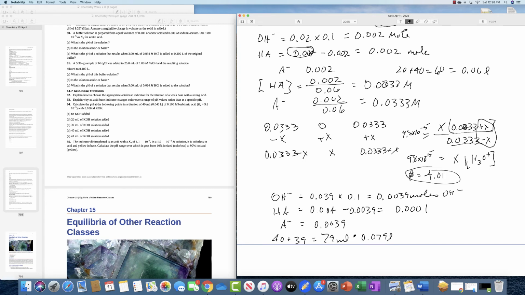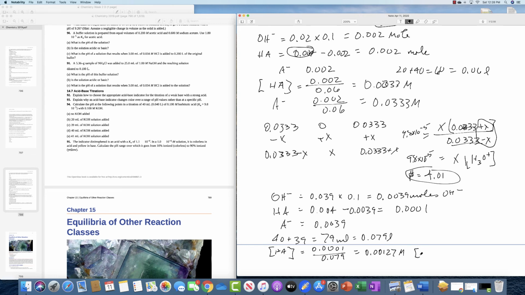So the concentration of HA is going to be 0.0001 divided by 0.079, and that is going to equal 0.00127 molar.